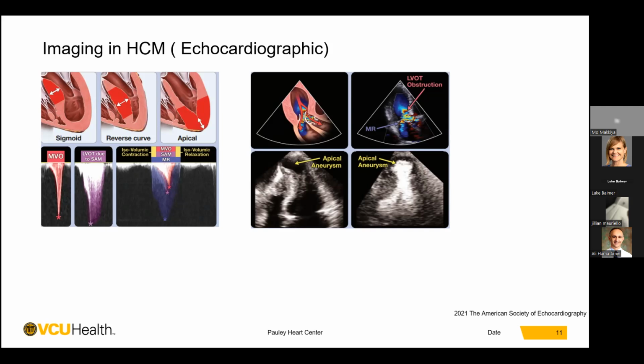Mitral regurgitation caused by LVOT obstruction due to systolic anterior motion of the mitral valve almost always results in a jet direction that is posterior, like we see here, or lateral in orientation, and predominantly late in systole. If you have central and anterior jets with obstruction, that tells us there may be an intrinsic mitral valve pathology or subvalvular pathology causing this on top of SAM.